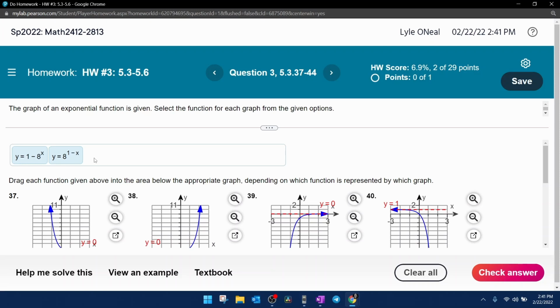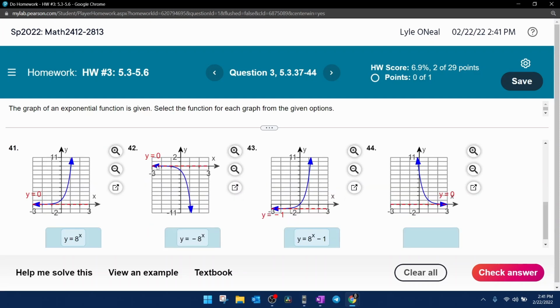All right, we've only got 2 more equations to graph. Let's go ahead and take care of this first one where we're going to have a vertical shift up. Let's find the graph that represented negative 8 to the x, and we'll shift that up 1. All right, so here is our graph that represents y equals negative 8 to the x. If I shift that up 1, we're going to be looking for a graph that curves down to the right, and the horizontal asymptote shifted up 1 space.